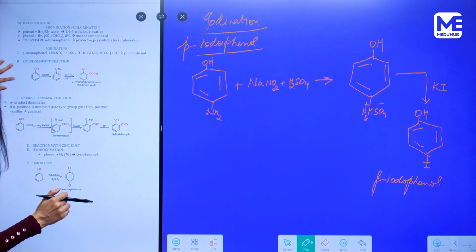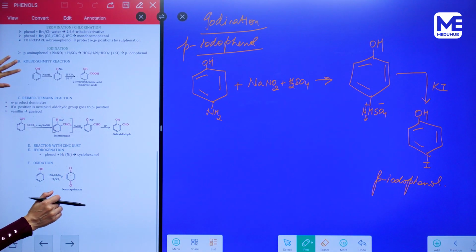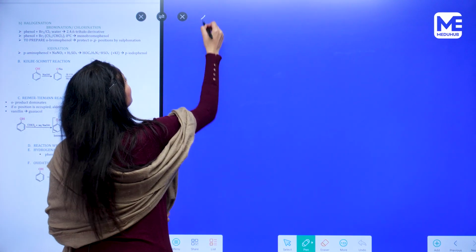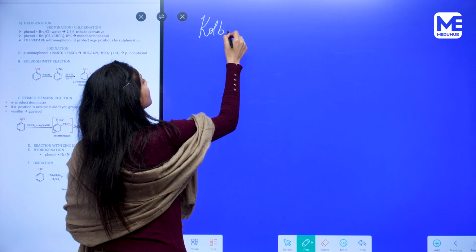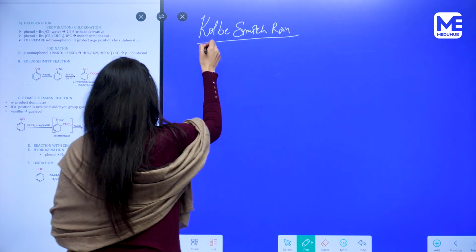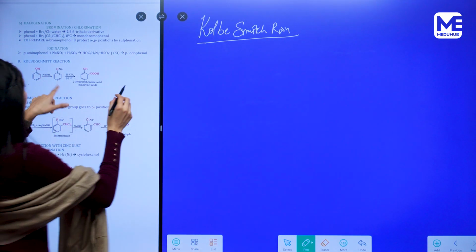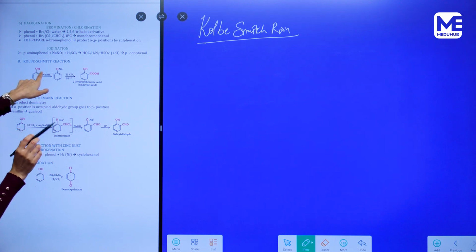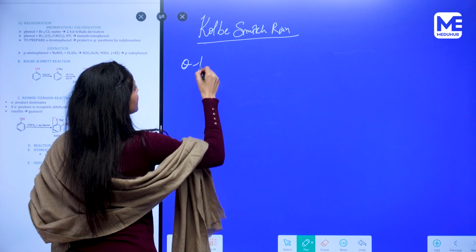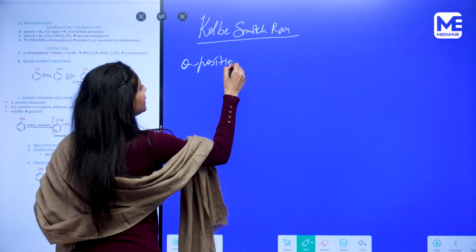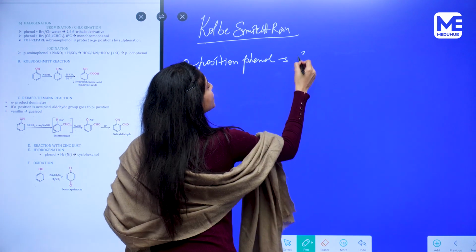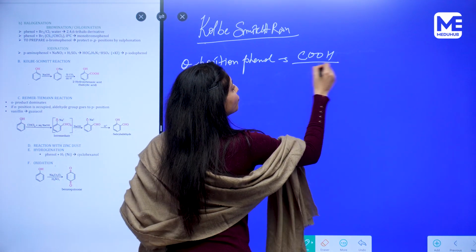The next reaction is the Kolbe-Schmidt reaction. So in the Kolbe-Schmidt reaction, what is happening? The ortho position in a phenol is getting substituted with a COOH group.